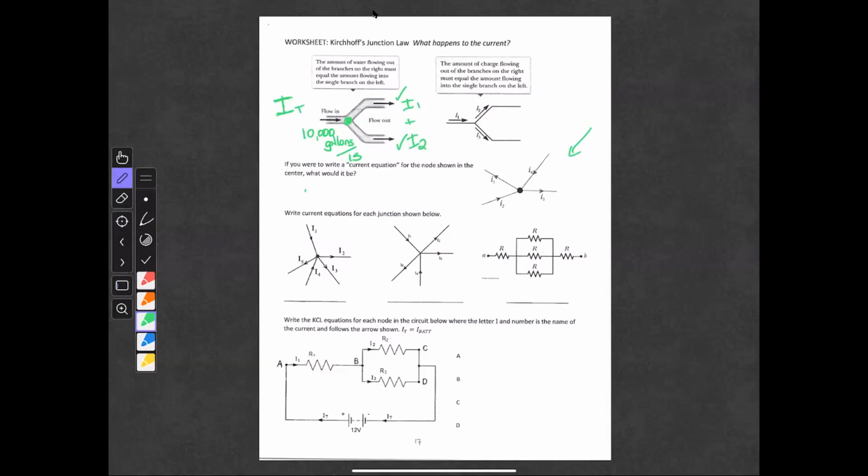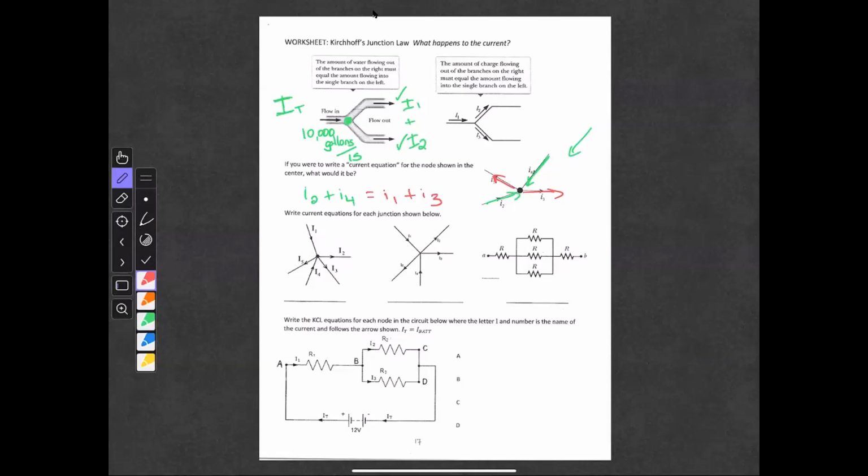So if you were to add up I2 plus I4, the total current going into the junction, into the node, it must be equal to I1 plus I3. Lowercase i's are not commonly used for current, but they are on that visual that I found. So the two coming in added up have to be equal to the two coming out.